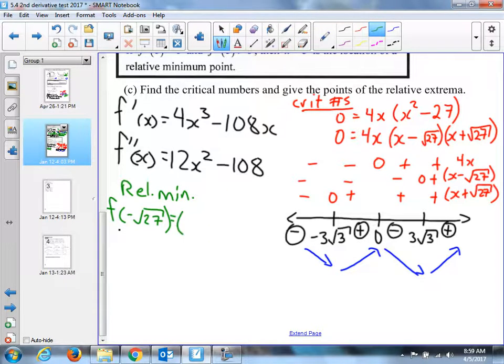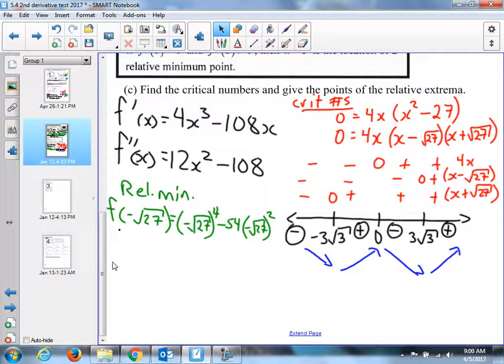I'm going to plug in negative root 27 first, but it comes out positive whether you use positive or negative, so it should be the same answer. You guys tell me. Negative 27. I'll trust your answers. Maybe I won't.